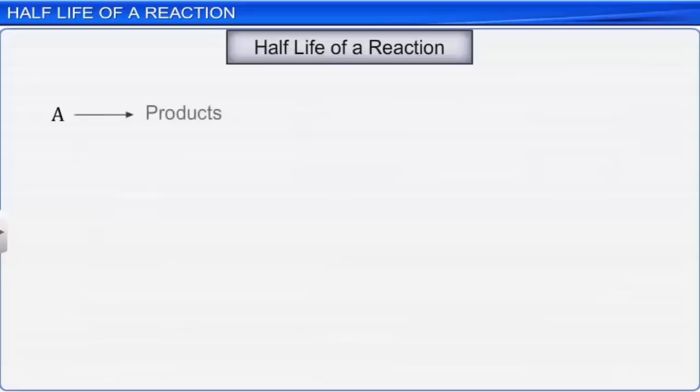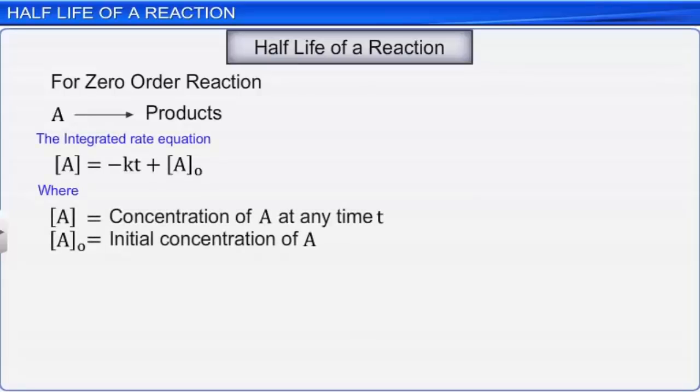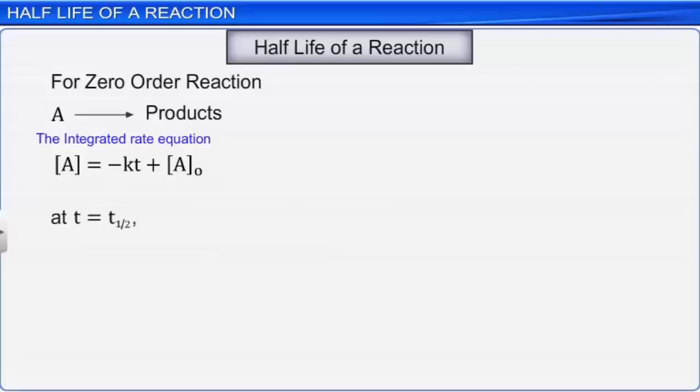Let's consider a simple reaction. If this reaction is of zero order, then the concentration of A is given by A is equal to -k multiplied by t plus concentration of A0. Let t1/2 be the time in which the concentration of reactant A reduces to 1/2, which is equal to concentration of A0 by 2.